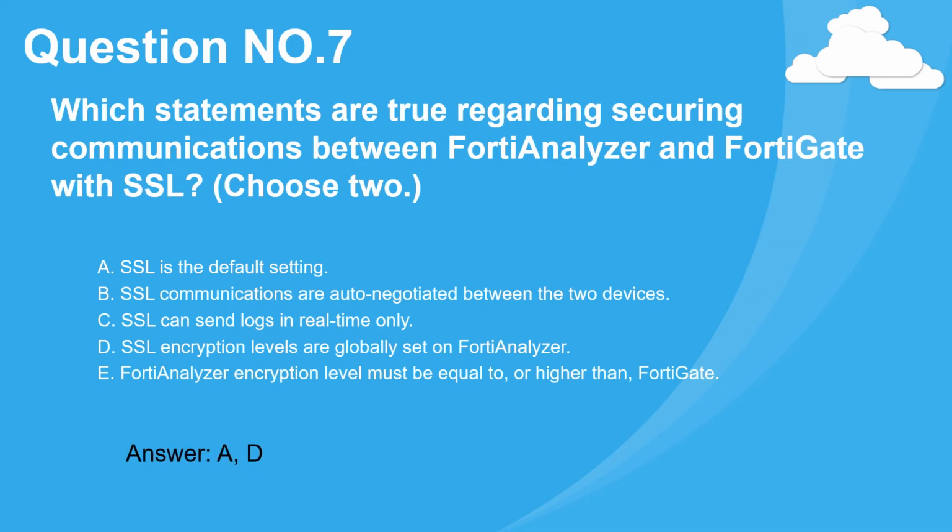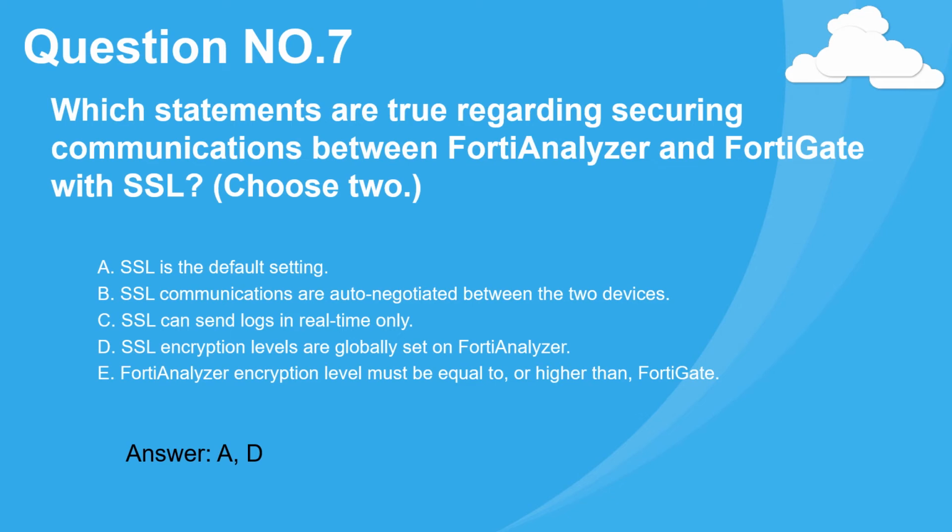Question No. 7. Which statements are true regarding securing communications between FortiAnalyzer and FortiGate with SSL? Choose 2. A. SSL is the default setting. B. SSL communications are auto-negotiated between the two devices.